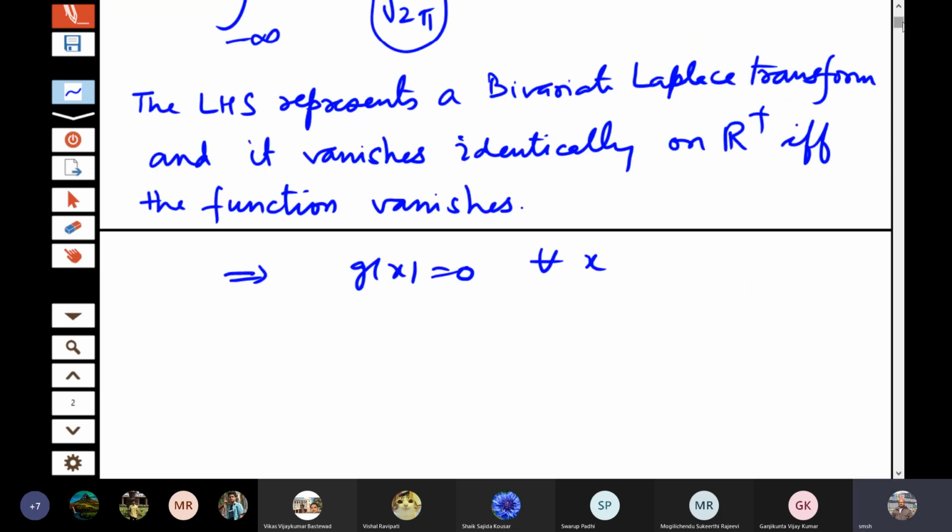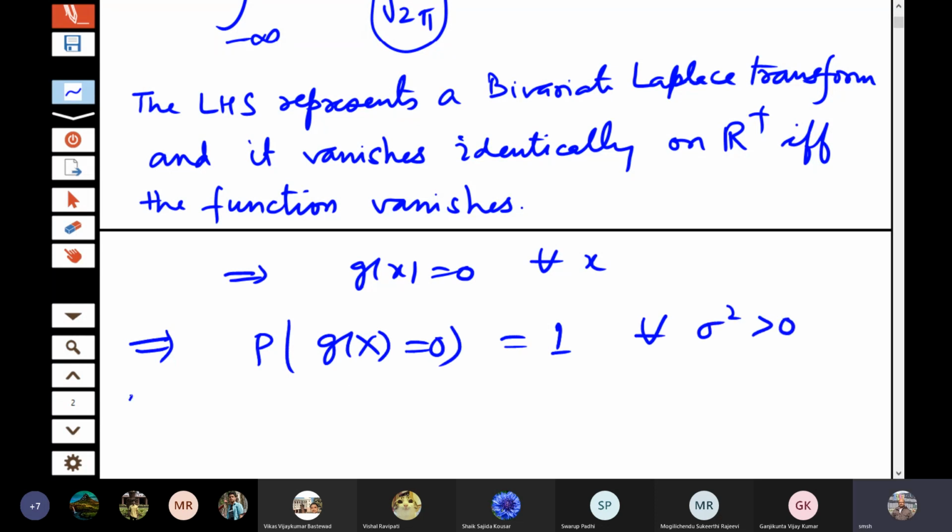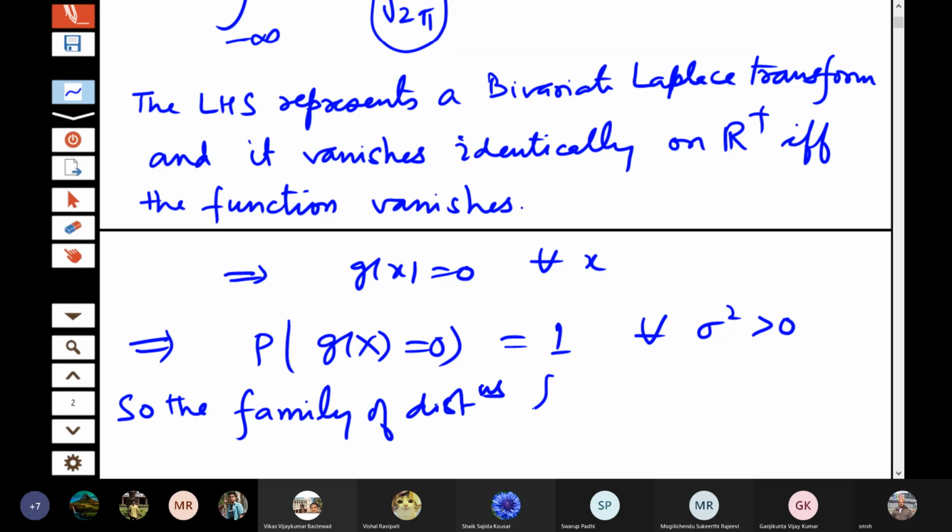This gives that the probability of g(x) equal to 0 is 1 for all sigma square. So the family of distributions normal 0 sigma square is a complete family.